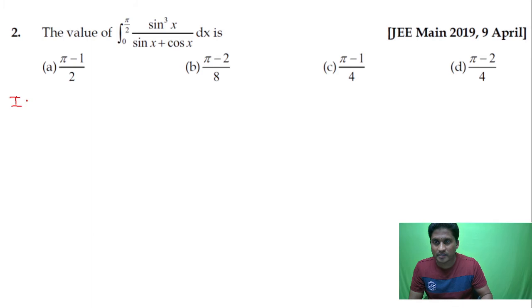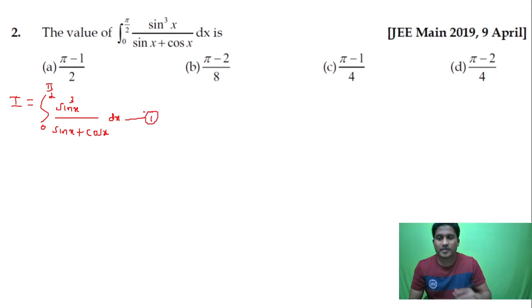I is equal to the integral from 0 to pi by 2 of sine cube x upon (sine x plus cos x) dx. Let's call this equation 1. Now I'm going to use the King's property: the integral from 0 to a of f of x dx is equal to the integral from 0 to a of f of (a minus x) dx.